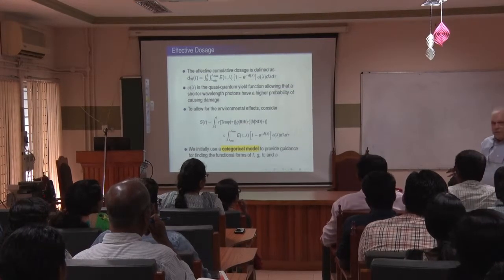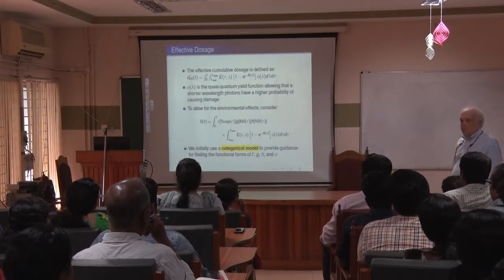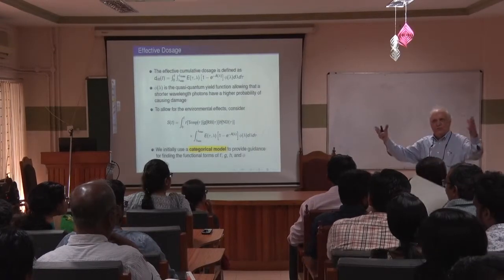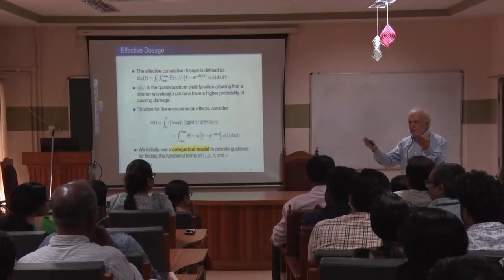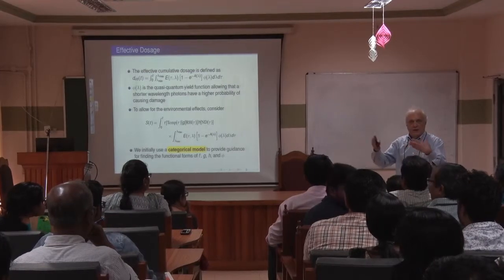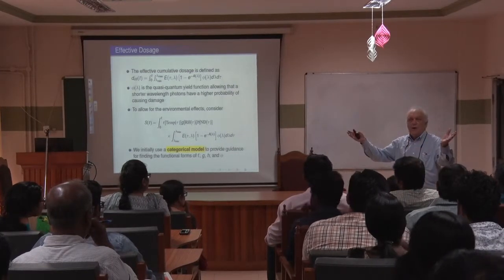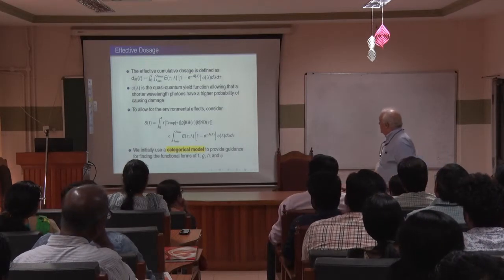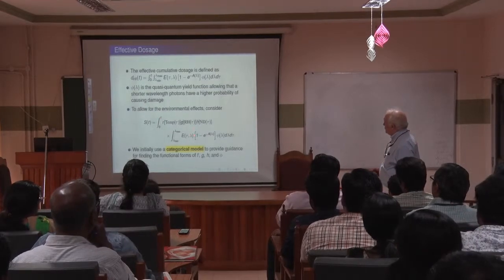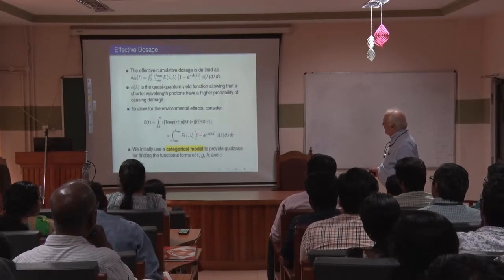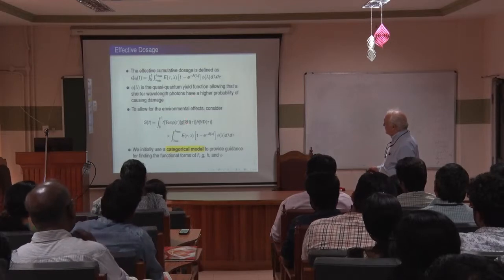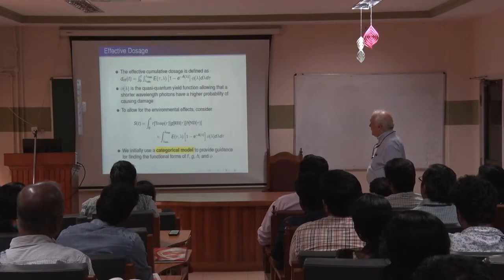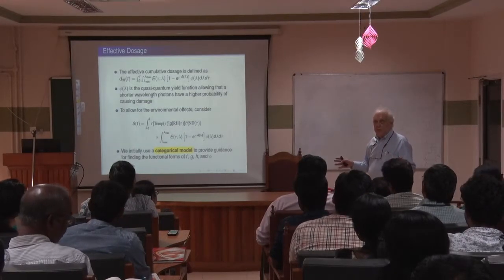So what we do then is we fit a categorical model, where we just say we've got these different combinations of those four factors, and we want to empirically see what effect they have without making any assumption about the functional form. Okay, ultimately there will be a functional form, but we don't want to assume anything about the function of temperature, the function of relative humidity, function of the neutral density filter, and so forth. We don't want to make assumptions about those things.